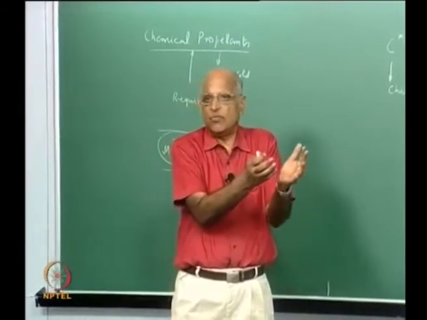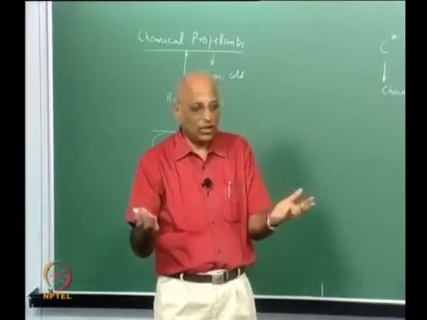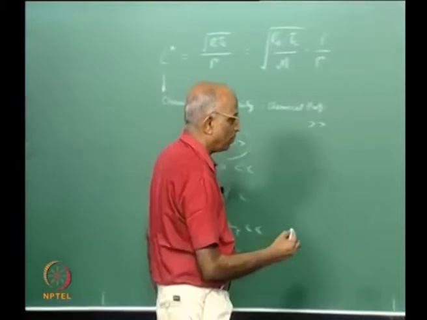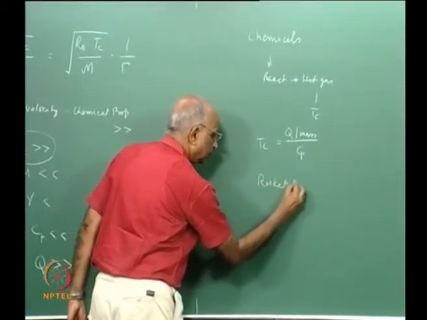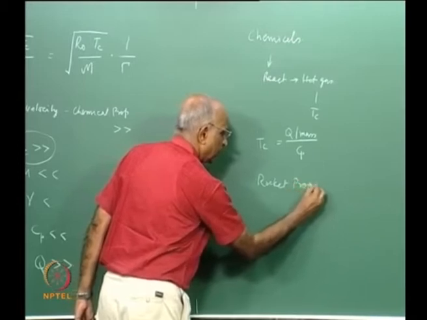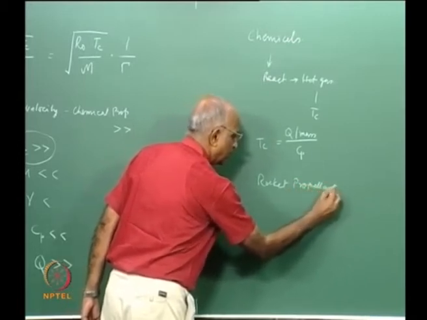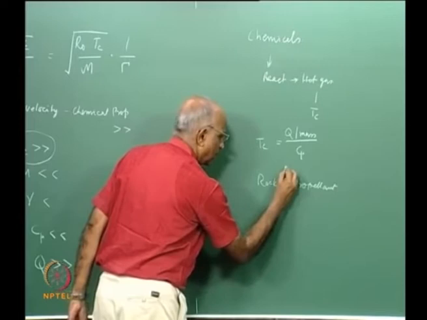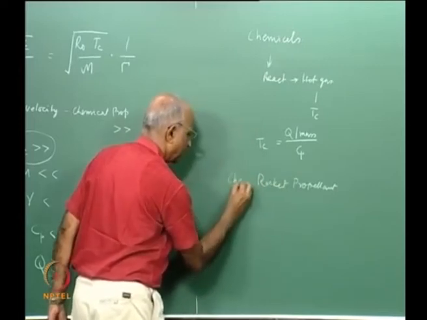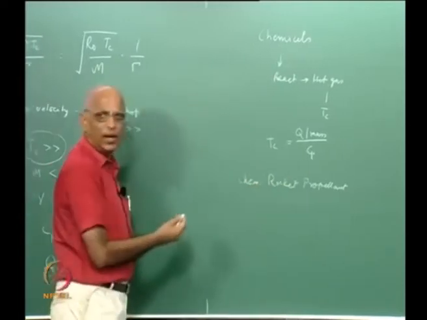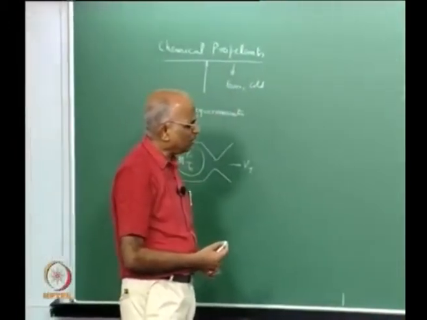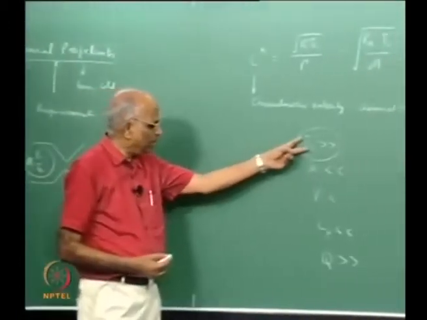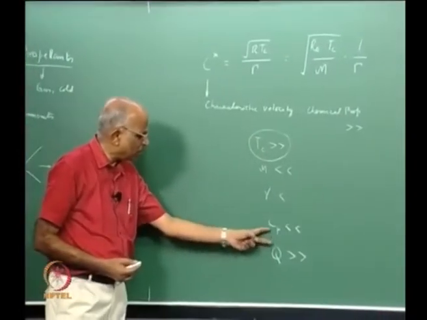I can zero in on 4 or 5 which can be used as chemical rocket propellants, and this is what I am going to do in this class. Therefore, let us ask ourselves, well, to determine temperature I need heat release and also specific heat.